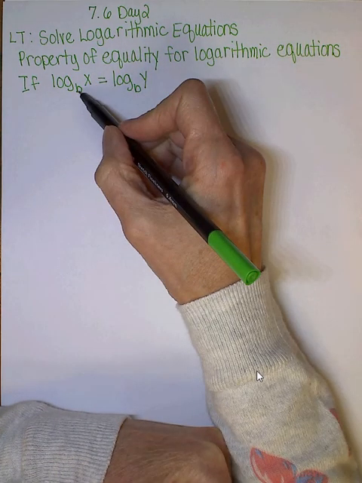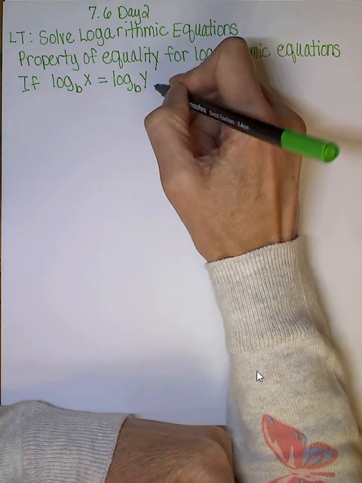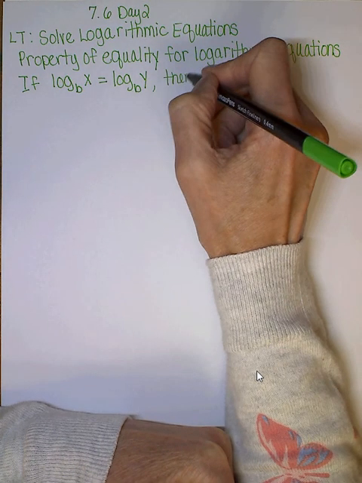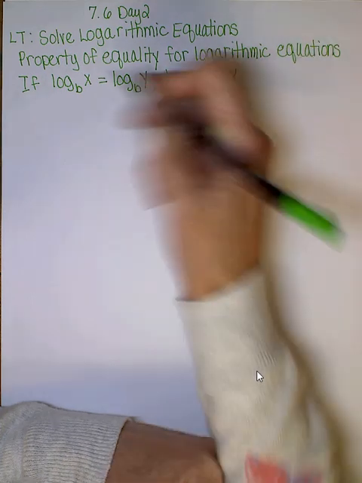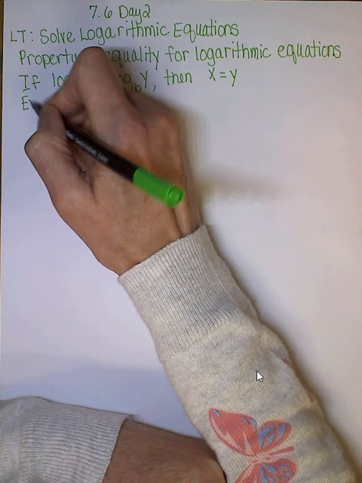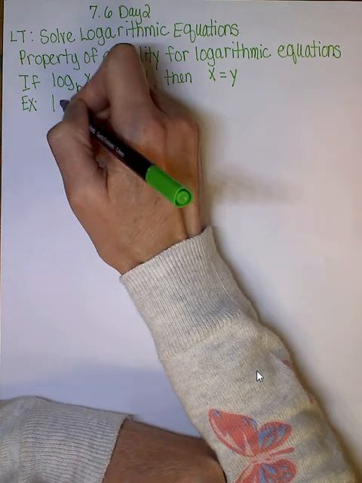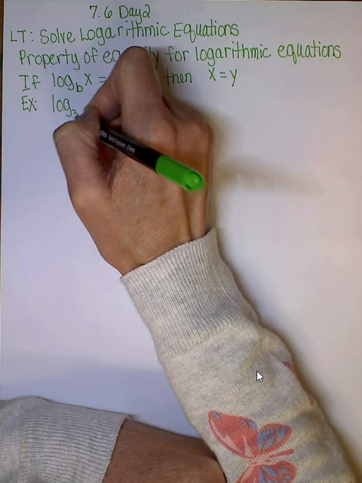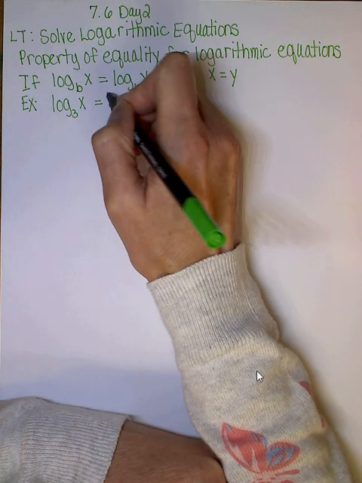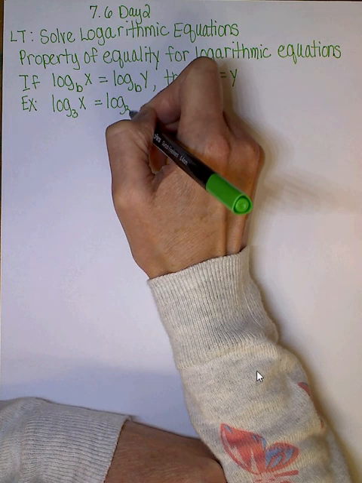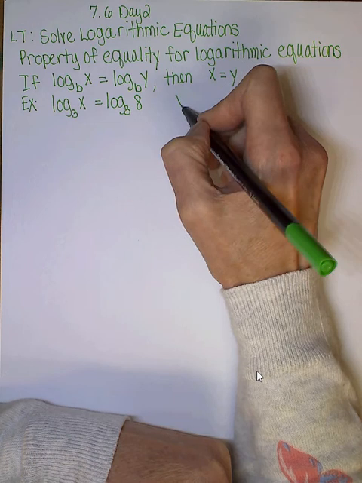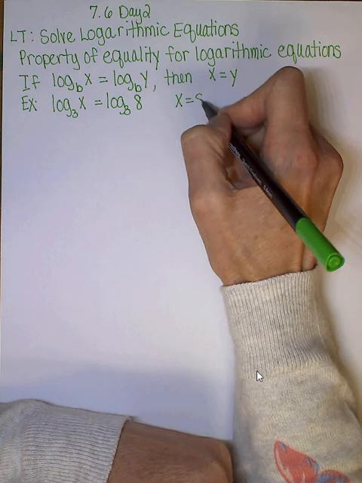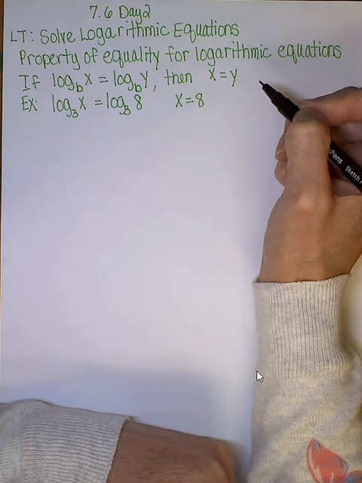So if the base is the same, then we know that x has to equal y. Okay, so for example, if I had log base 3 of x equals log base 3 of 8, these have to be exactly the same if they're equal, so therefore x has to equal 8.